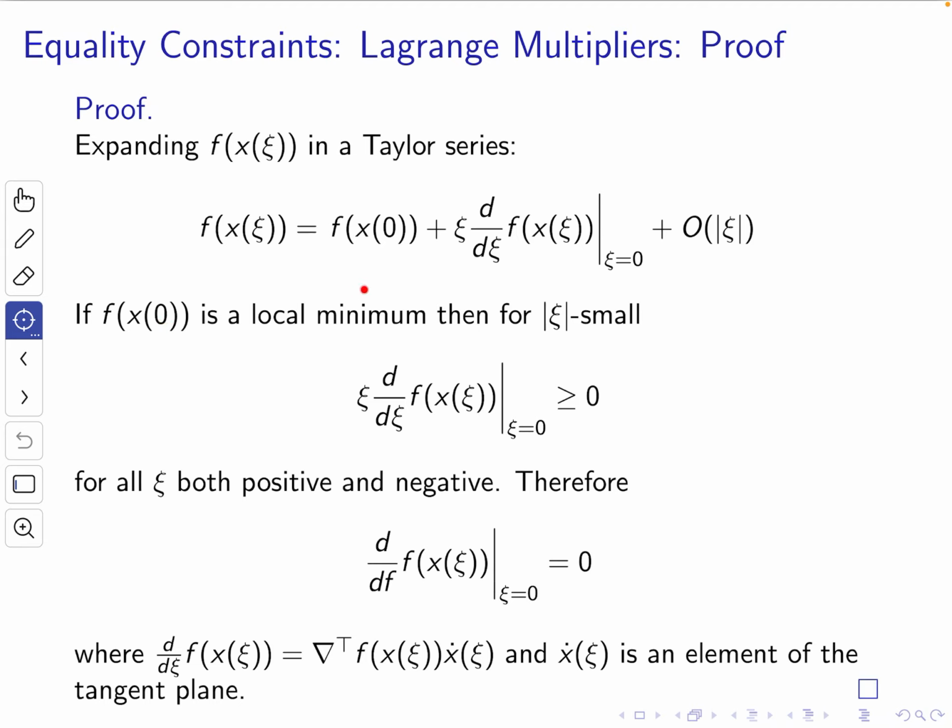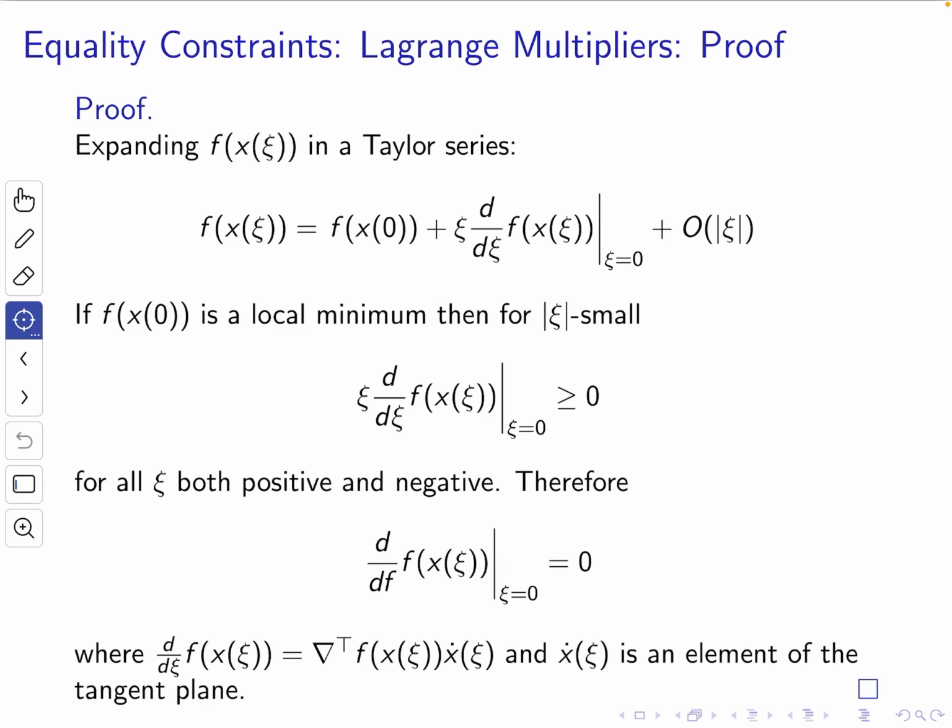If f of x of 0 is a minimum, then this minus that has to be positive. So this has to be positive for every c, both positive and negative, and so this derivative itself has to be equal to 0.